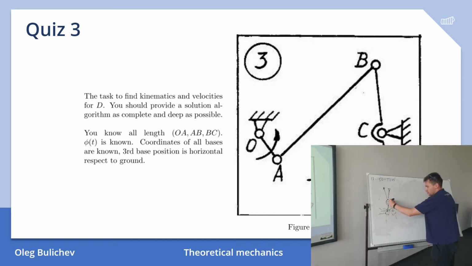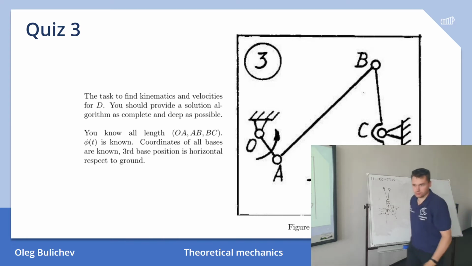This length and this length changed. So BC is also changed. No, the thing is, it's rotating around C. But the height is fixed. BD is not fixed. Okay, 3 minutes extra, and after this, I'll explain how to solve this task.